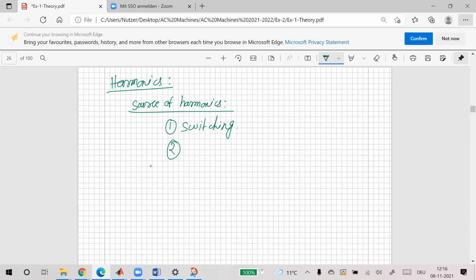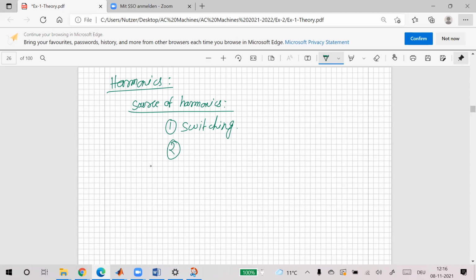The harmonics can come from your network also. Let's say you are working with one converter, and there is another converter far away which gives harmonics, and then that interacts with your system. That's also possible.